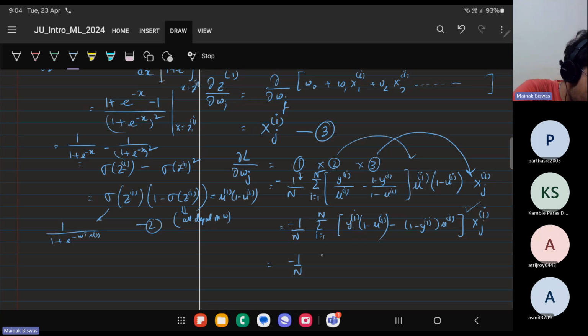This we have already done in linear regression, this form. You will have to tell me what it is. But anyway, let us solve this. So what gets cancelled over here? You get (yi minus mu i) xj.